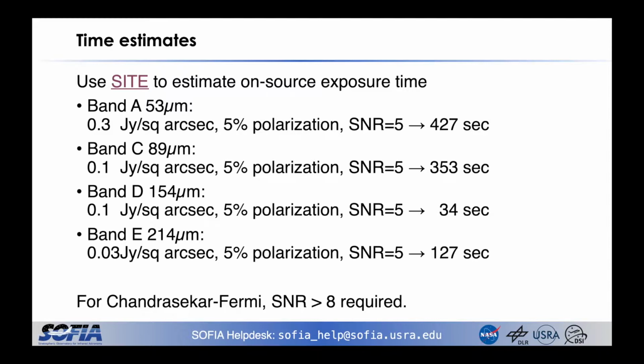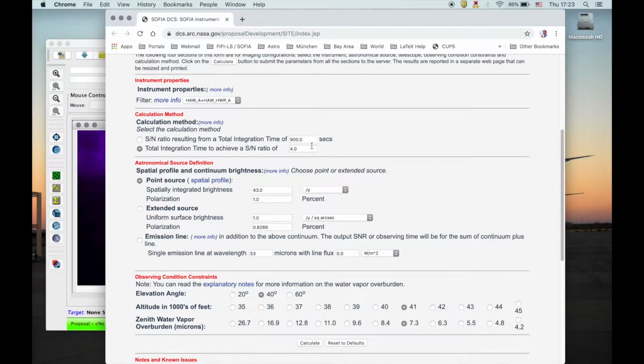Let's say we expect a polarization of 5%, which we want to detect at a signal-to-noise of 5. Let's enter this. Signal-to-noise of 5. We have an extended source. We expect 0.3 Jansky per square arcsecond. That's the flux we want to detect at 5 sigma.